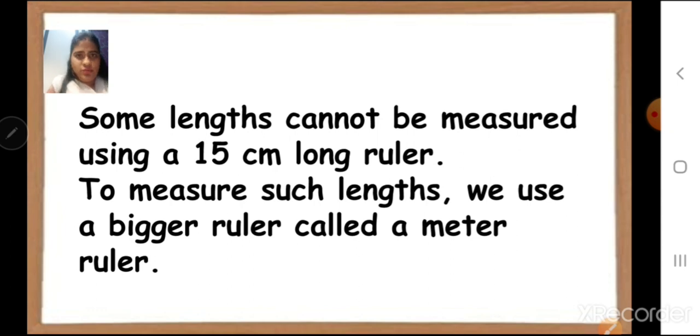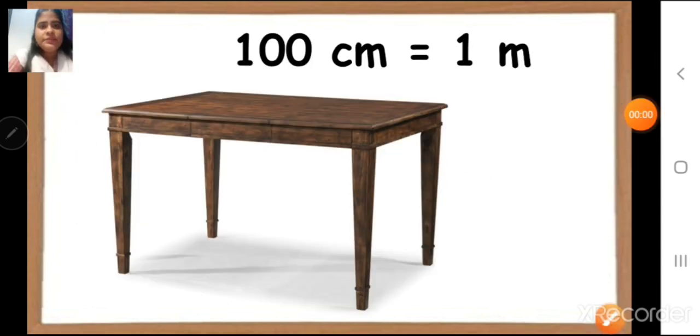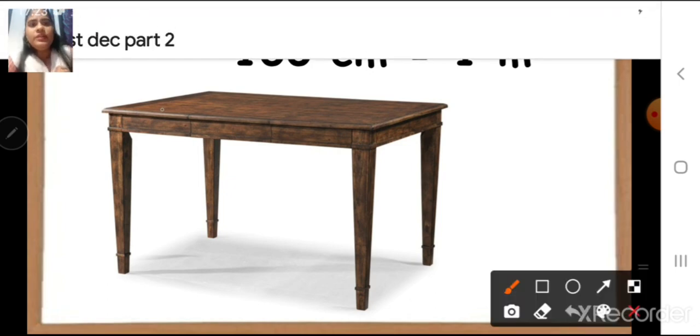Now what is a meter ruler? What is the relationship between meter and centimeter? That we are going to understand. Children, 100 centimeter is equal to 1 meter, or 1 meter is equal to 100 centimeter. Now look at this example. Here what do we have? A table. I want to measure the length of the table.